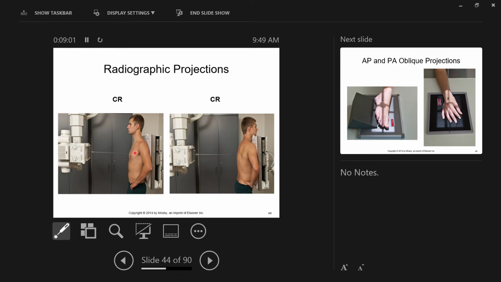Which one is going to make the heart look larger? AP, right? Why? You want to talk about the relationship of the structure to the image receptor, right? The object to image distance, or OID, right? I know I'm getting more technical than we need to for this introductory information, but the anatomy demonstrated is the same, right?